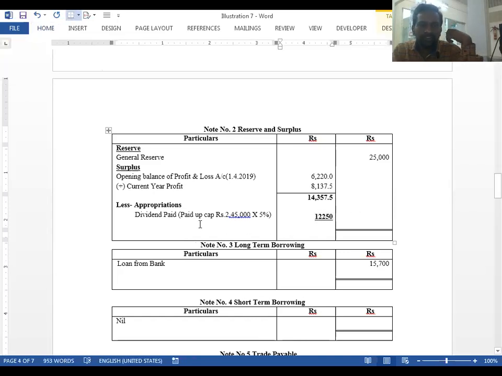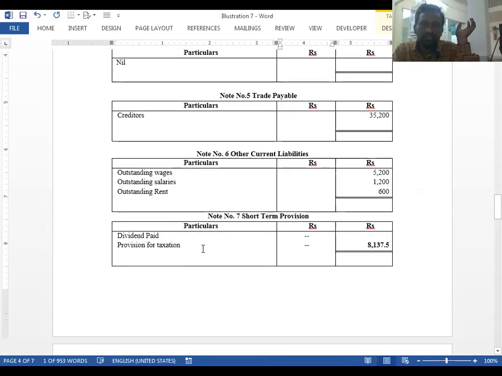So this is the first adjustment, first effect of proposed dividend 12,250, and it is also transferred to proposed dividend under the notes number 7, short term provision. Actually, write it as a provision for taxation, not the dividend paid.